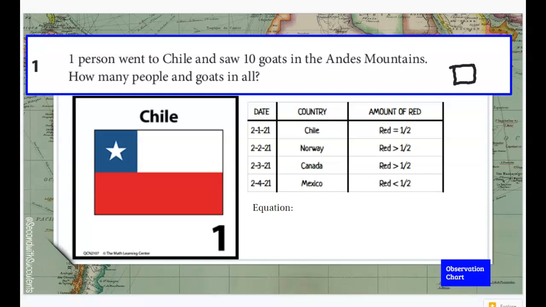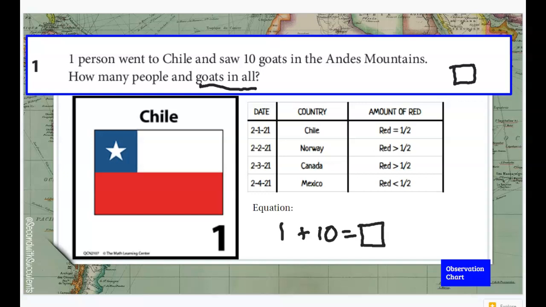Now you may have written an equation that looks like this. 1 plus 10 equals something. Show a connection if that's the equation that you wrote. Good thinking. Now we write 1 for the 1 person and the 10 for the 10 goats because we know we're looking for how many goats in all.